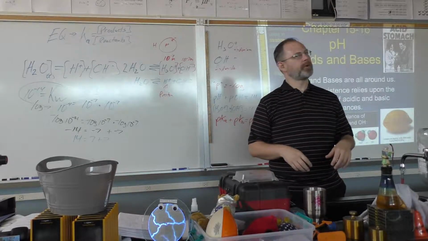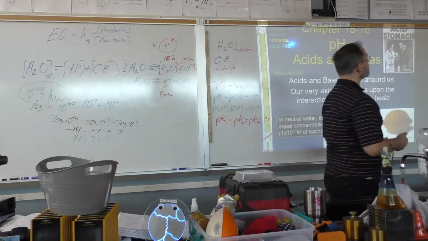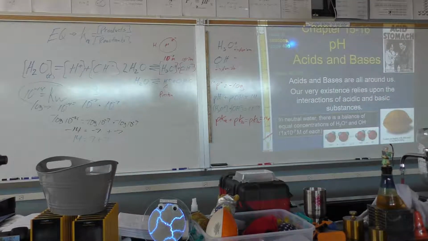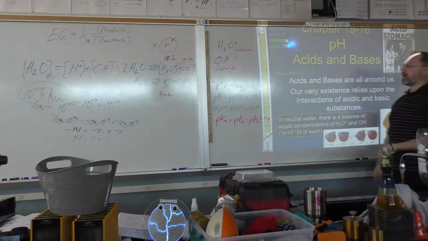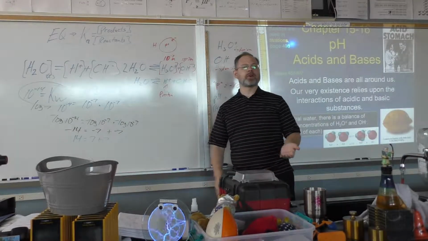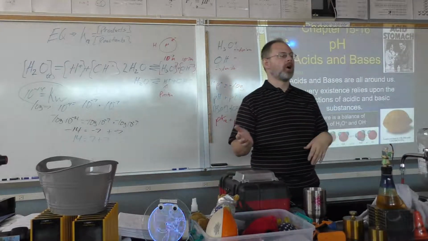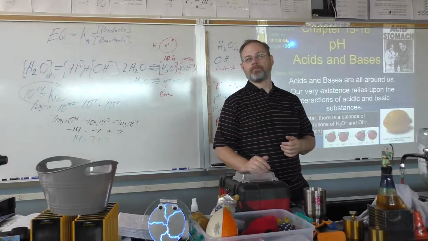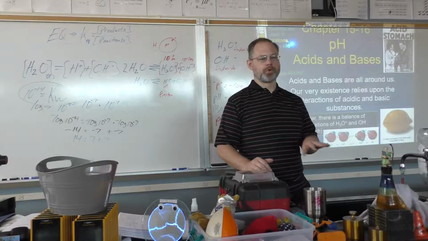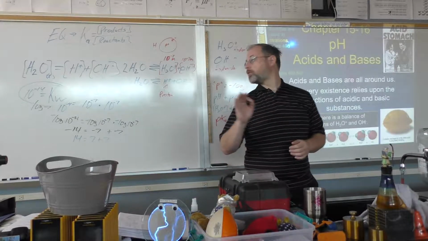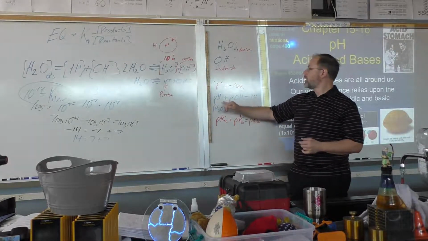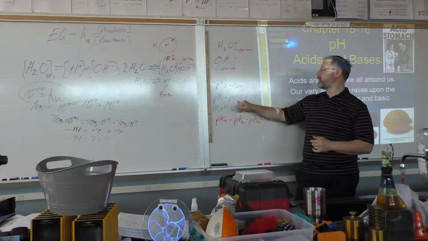It doesn't really start at 0 and end at 14, but the usual scale does. Things from 0 to below 7 are considered acids, and things from more than 7 to 14 are considered bases. So what's 7? 7 is neutral. When we have a pH of 7, remember this relationship, what's our pOH?